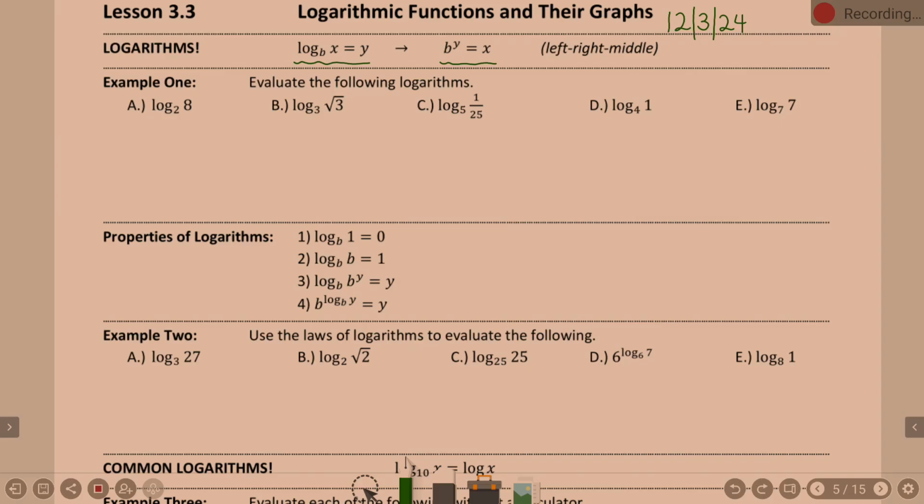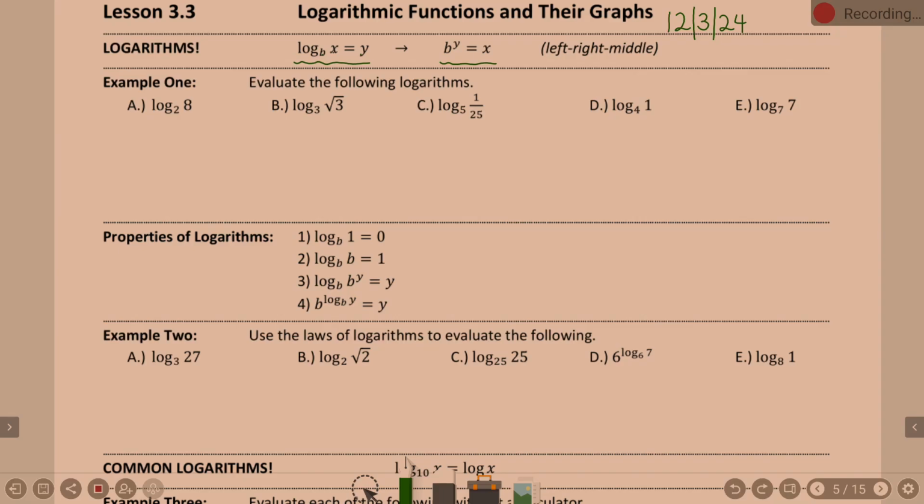Okay, so the log equation, log base b of x equals y, is equivalent, exponential form, b to the y equals x. Now, I tend to use the phrase left, right, middle. Let me remind you, left, right, middle. When we look at log, the base is the left, the y is the right, the x is the middle.